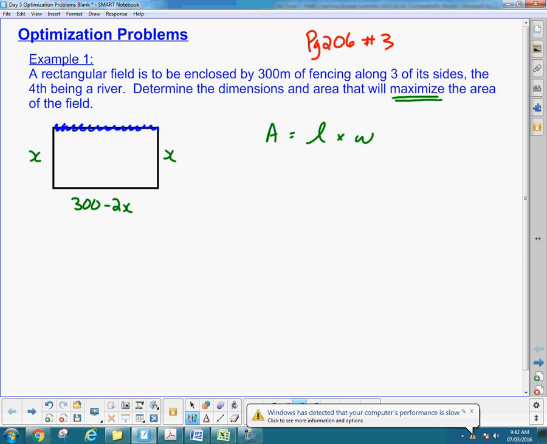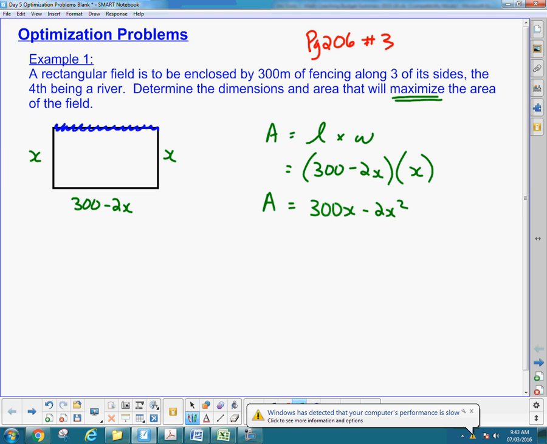In this particular example, our length we've called 300 minus 2x, and our width is just x. And there is a function there that describes it. Of course, we can distribute the x, and we get 300x minus 2x squared as a function that describes the area.